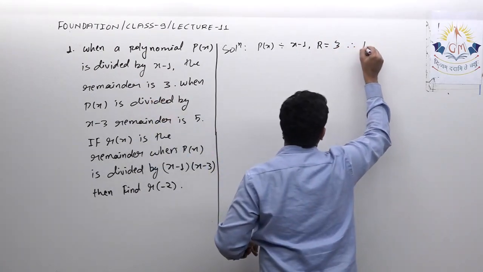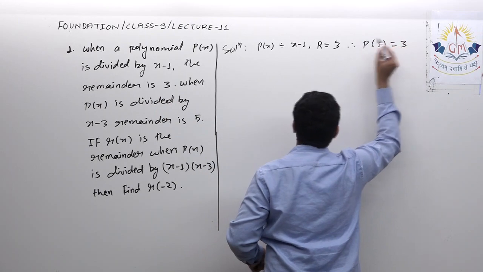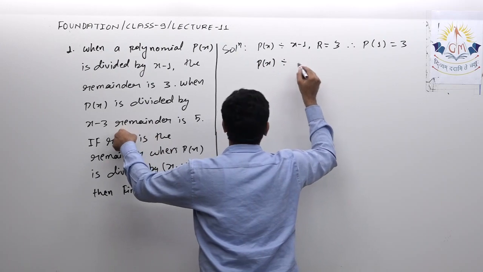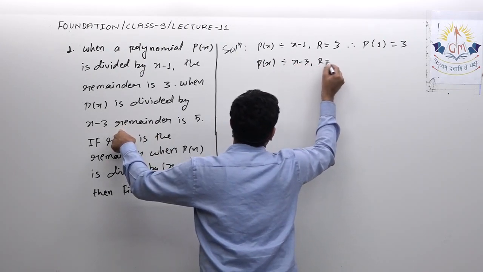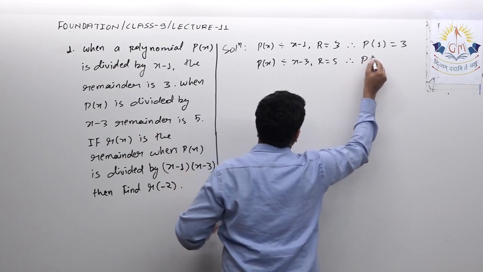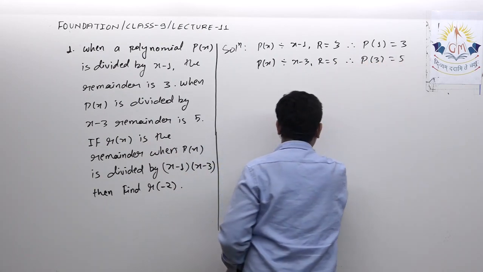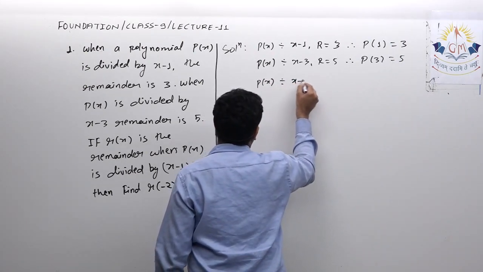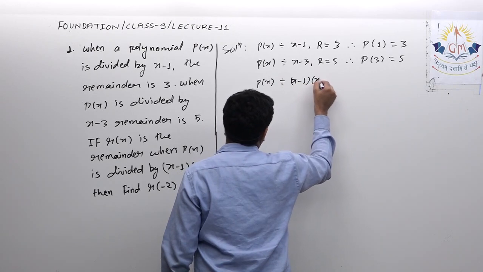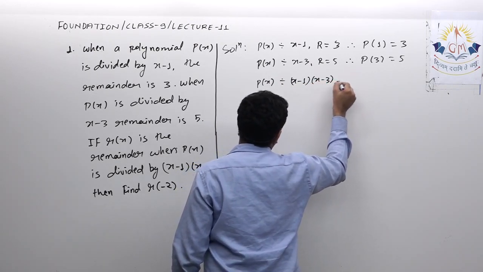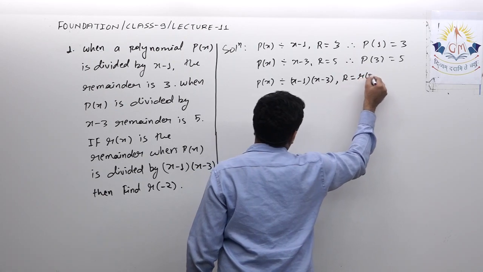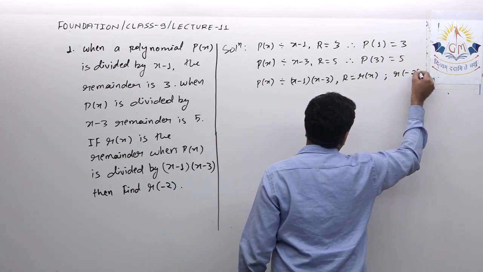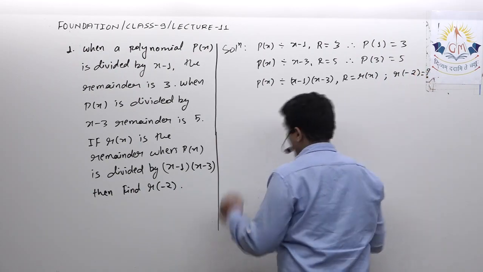Therefore p(1) = 3. Similarly, p(3) = 5. Okay, that is the question.